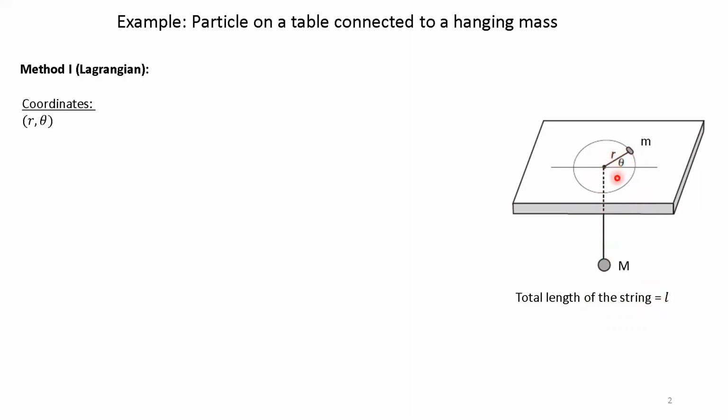So this small mass m is free to slide on the table without any friction, but you have to remember that it's always pulled by the string, because the string is basically used to support this big mass M over here.